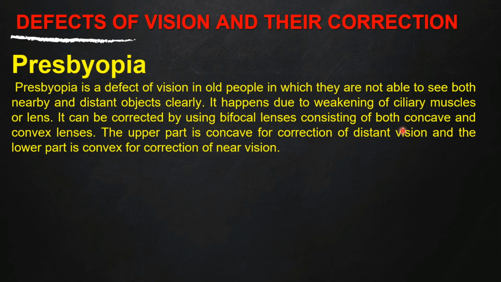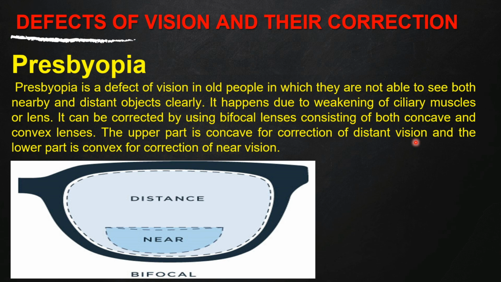The upper part is concave for correction of distant vision. So from this upper part we can see the distant object, and the lower part is convex for correction of near vision. So if we want to read something, we can read from this part of the glasses.